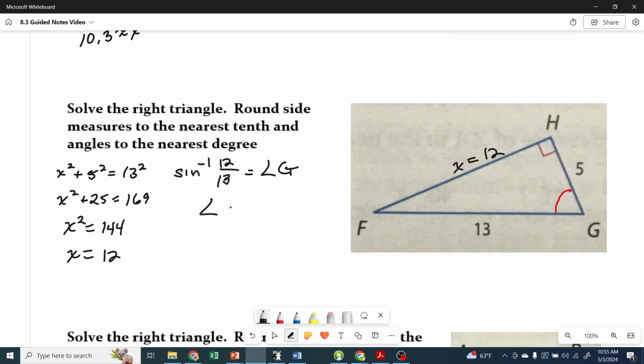So angle G is equal to 67, which makes angle F 90 minus 67, which is 23.